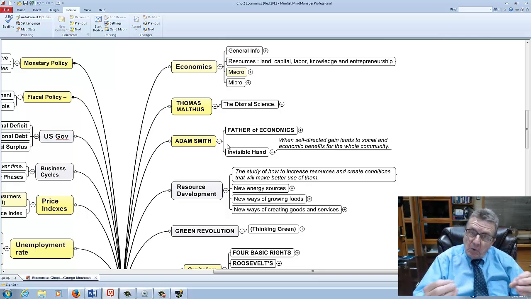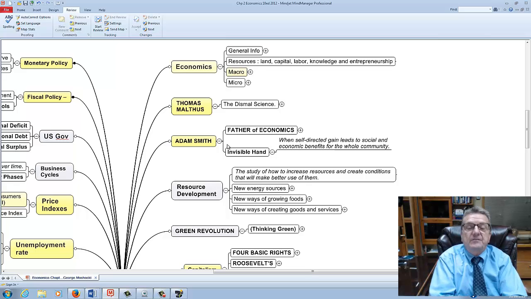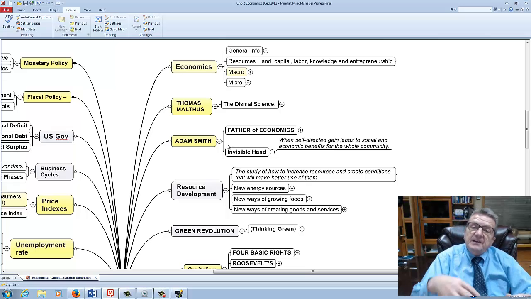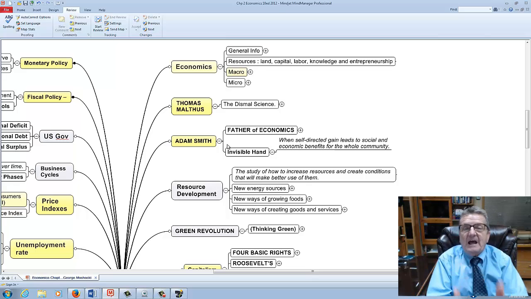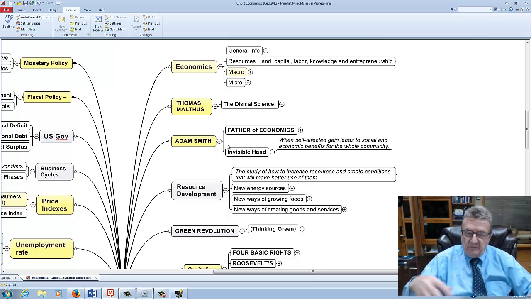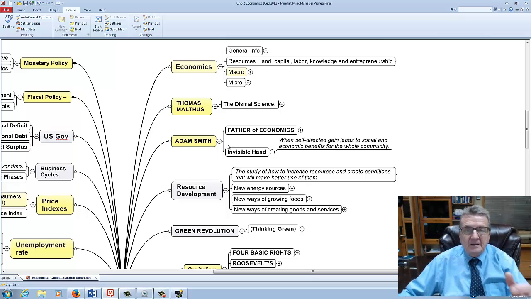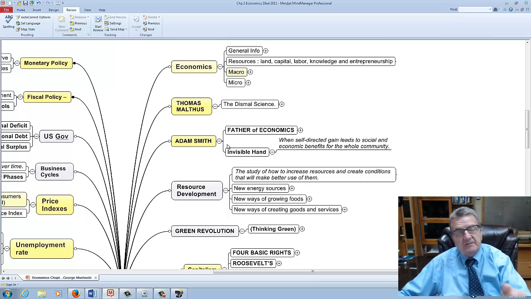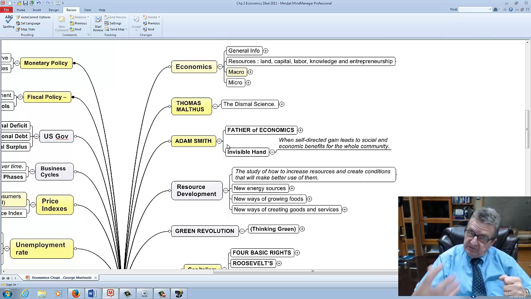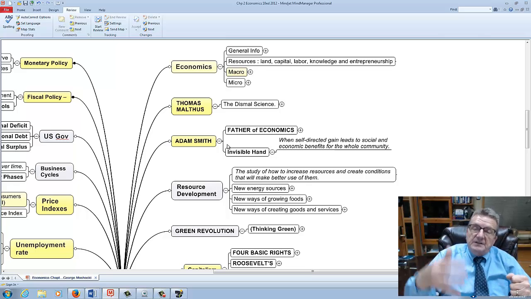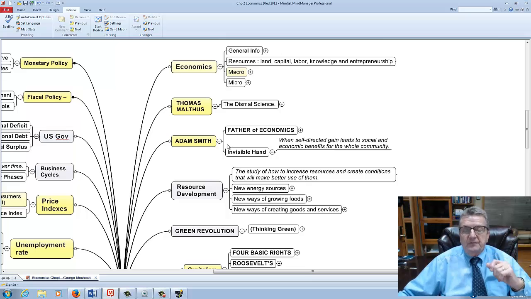And when I hire more people, I'm paying them money, and they can buy products from me, or they can buy products from other vendors or suppliers. And that's how the invisible hand works, because indirectly, I'm helping the economy grow. As long as I have the profit, I have the ability to keep the money, and I'm being successful. As I grow, the economy grows. So that's the free market system.